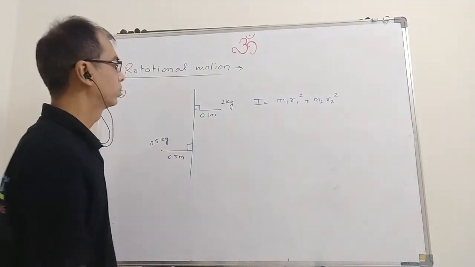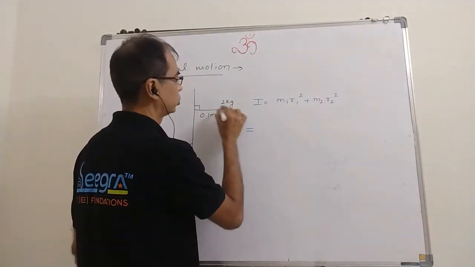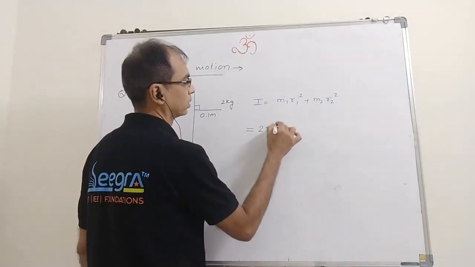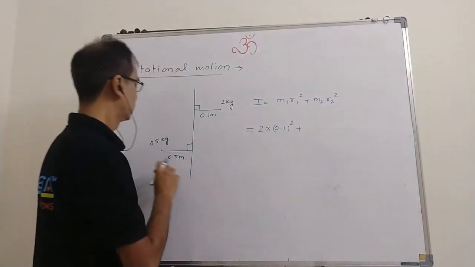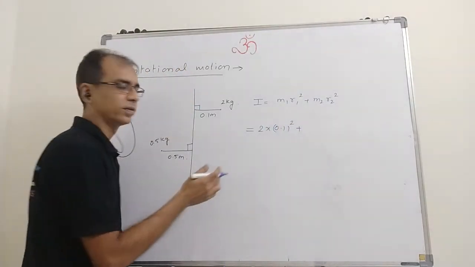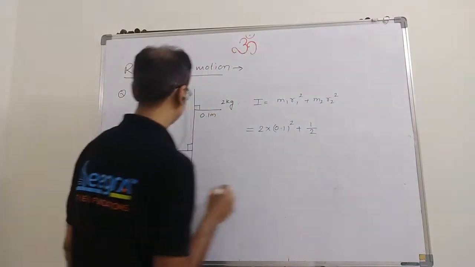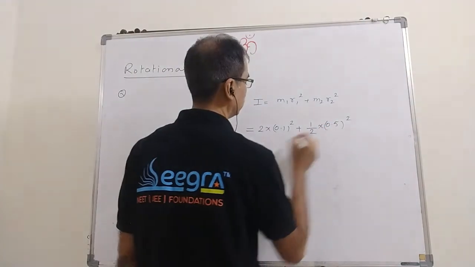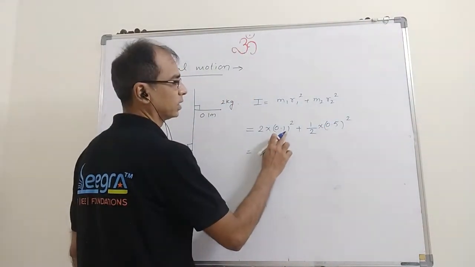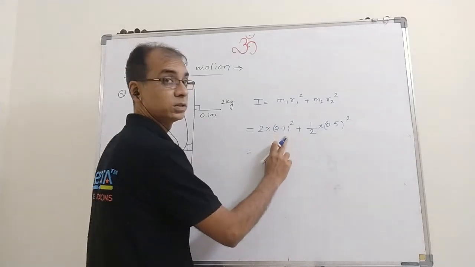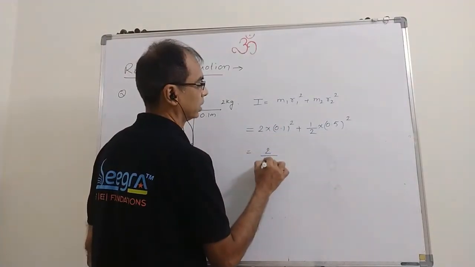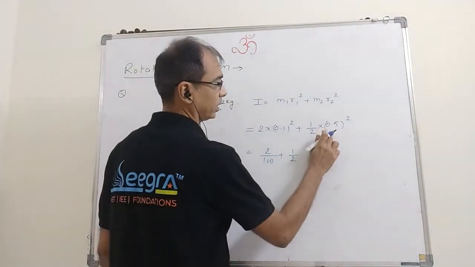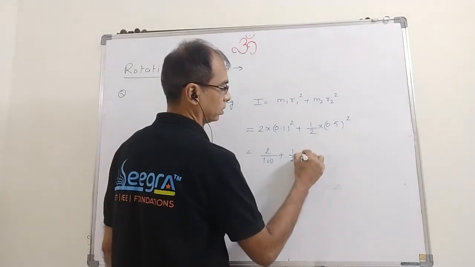Okay, so let's see now. Simple thing, can add it. This is 2 kg into 0.1 square plus 0.5 kg, which means half kg, into 0.5 square. Simple calculation. This I can write as 1 by 10, 1 by 10 square means 1 by 100, so this is 2 by 100 actually, plus this 5 by 10 squared, so you can write 25 by 100.